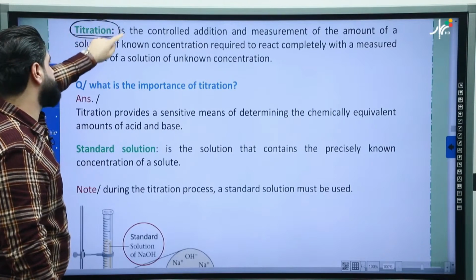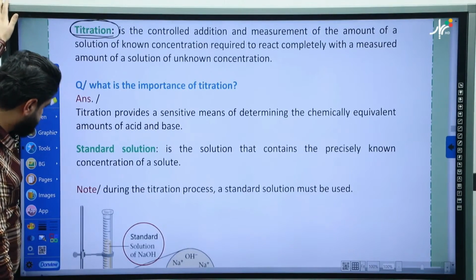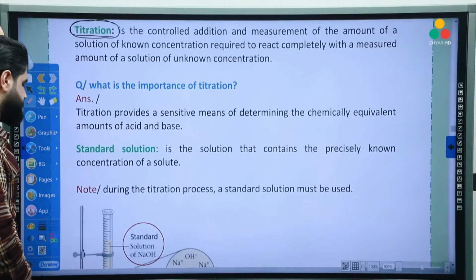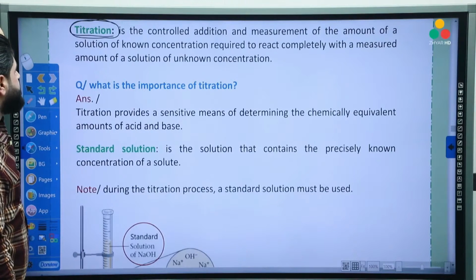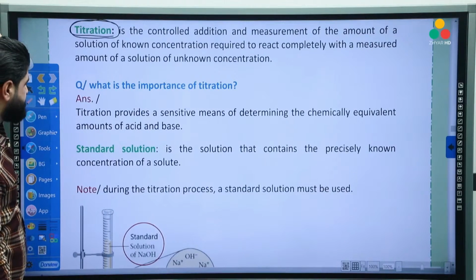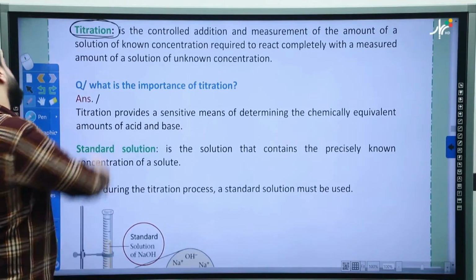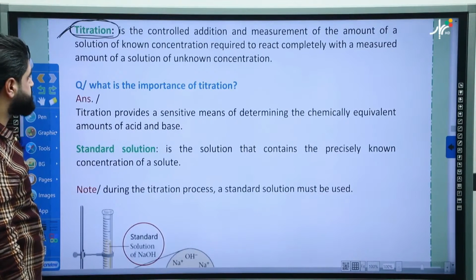You are obligated to memorize this definition, and after I finish the explanation of titration, you're gonna get the idea about the titration very easily. So don't hurry and don't be confused. It's very easy. Titration, the definition, it's mandatory.